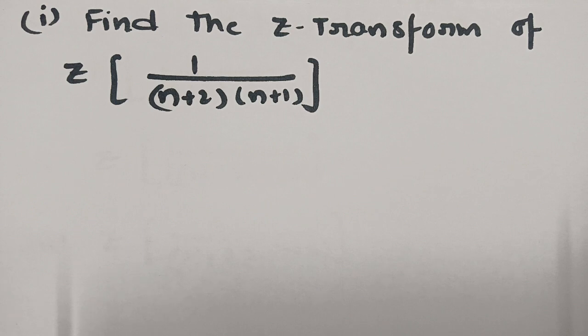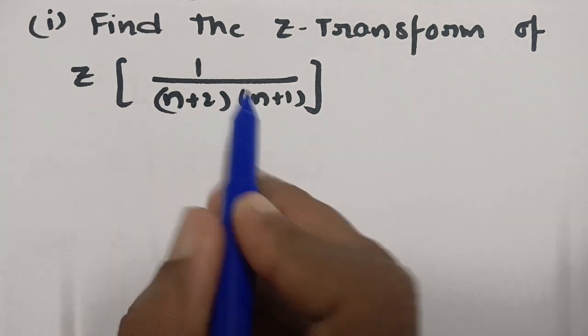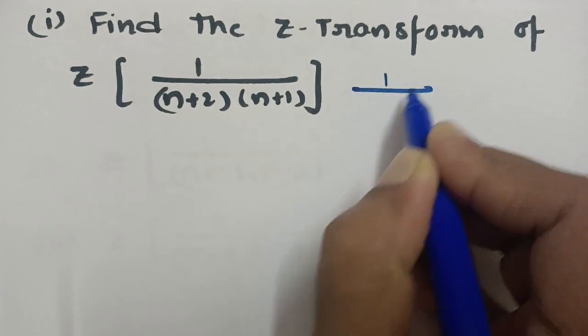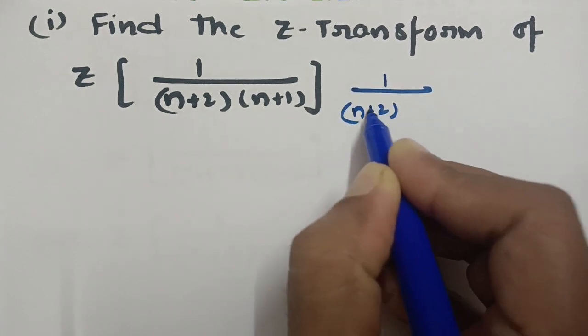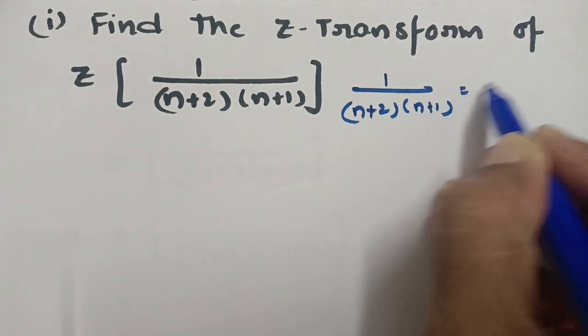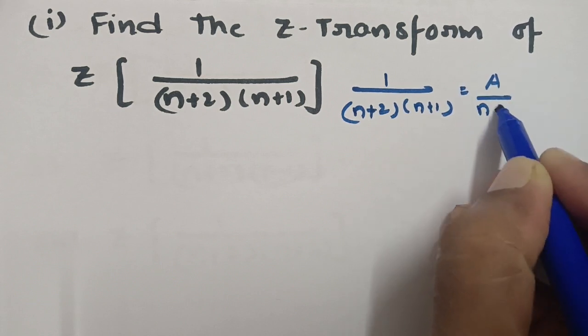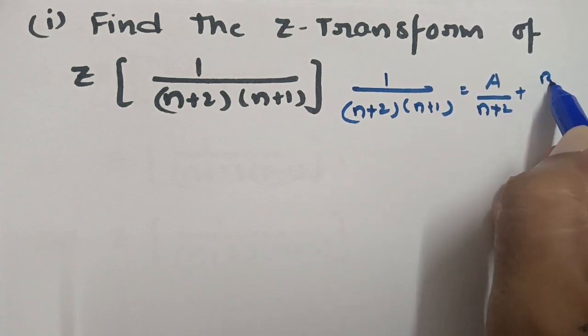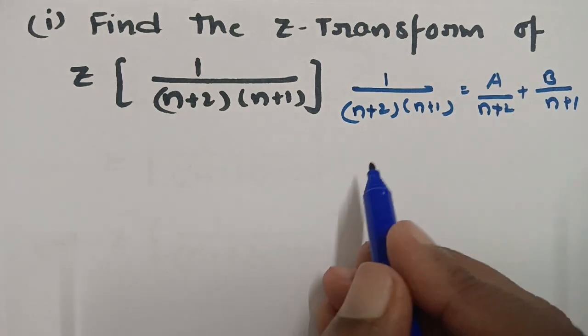Immediately, we have to recollect the partial fractions. So this is 1 by (n plus 2) into (n plus 1). This can be written as A by (n plus 2) plus B by (n plus 1).